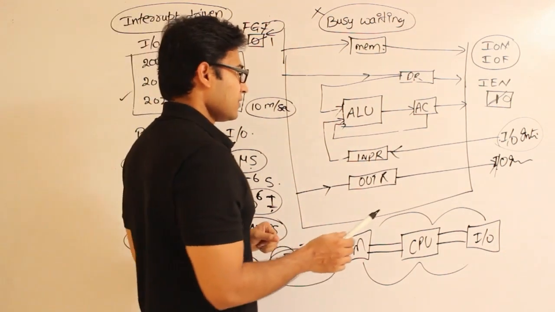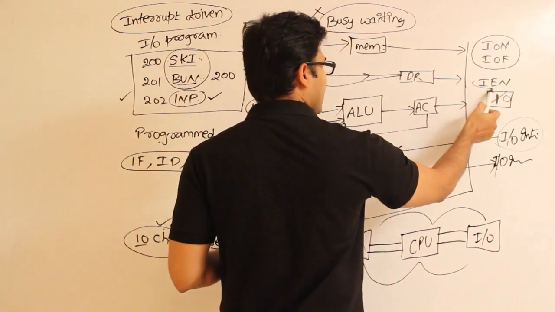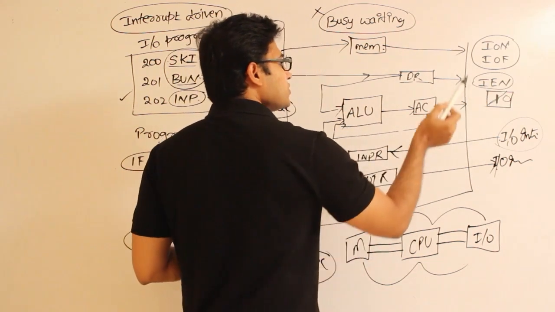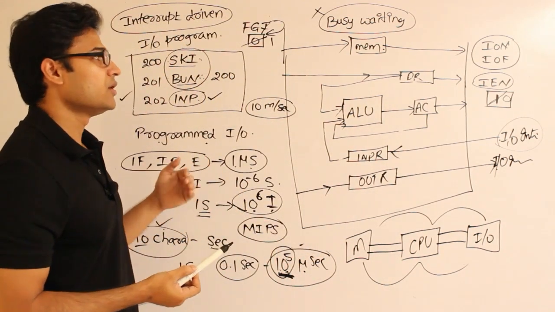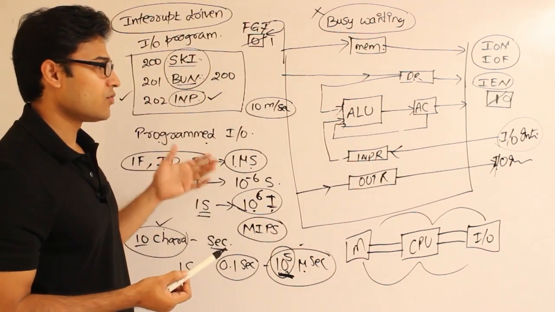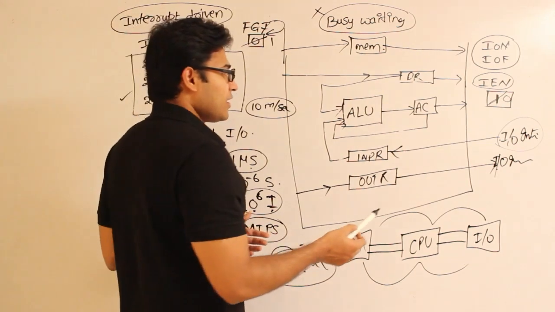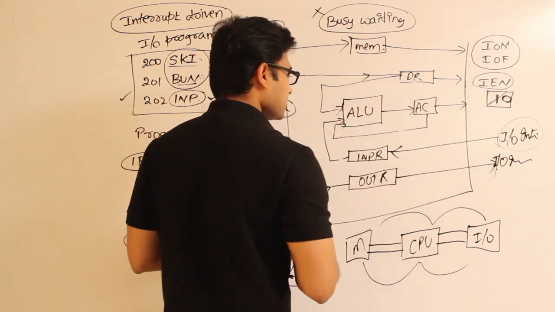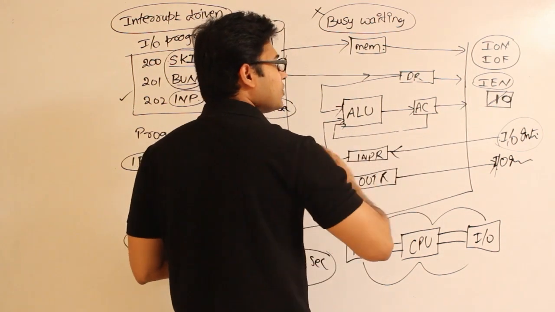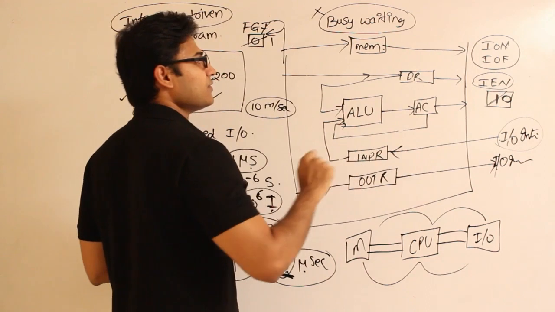For that reason, we are going to have a flag called IEN. It is preferable that you don't give this control to the user. If you give the control to the user, he will say that his program should never be interrupted, which means he will just disable the interrupts by making it 0, and then he will not leave the CPU until he is done with his work.